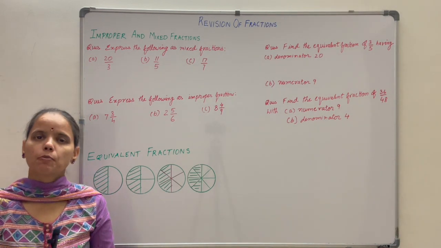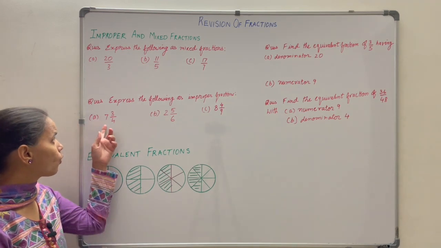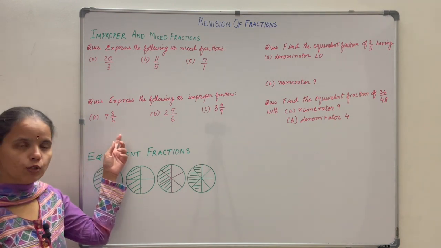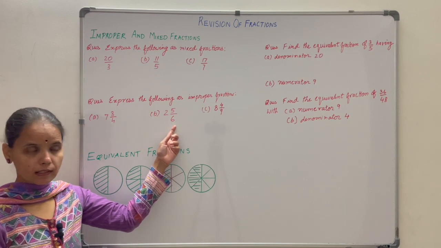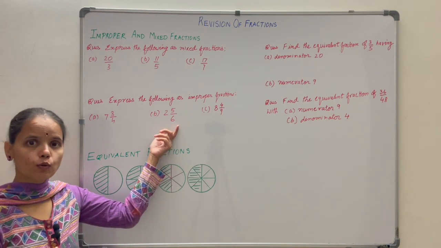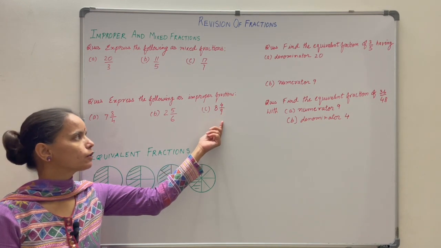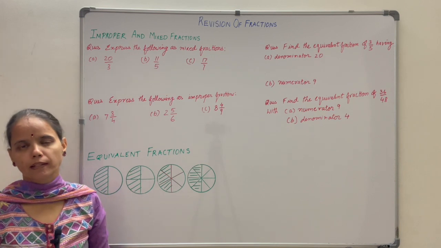Mixed fractions are the fractions which consist of a whole and a part. Here whole is 7, part is 3 by 4. Here whole is 2, part is 5 by 6. So here mixed fraction is 2, 5 by 6. Here whole is 8, part is 4 by 9. So mixed fraction is 8, 4 by 9.